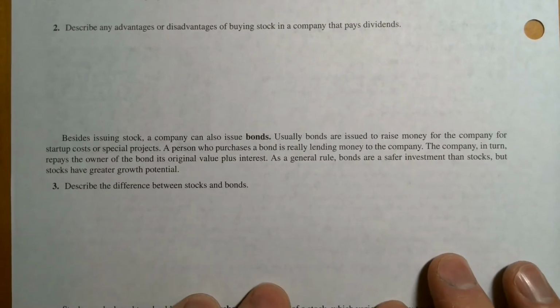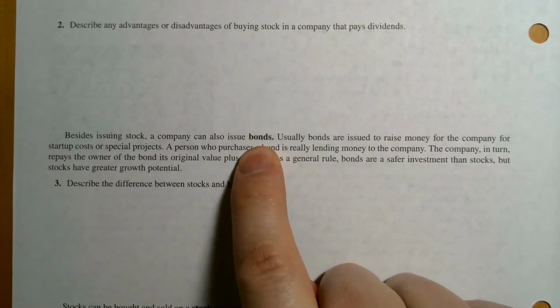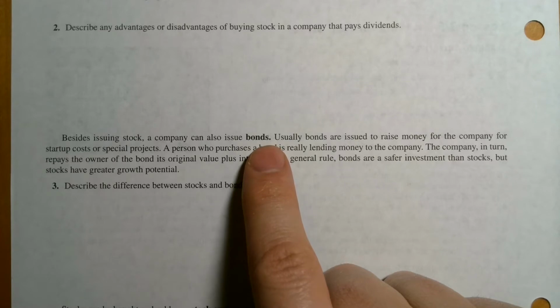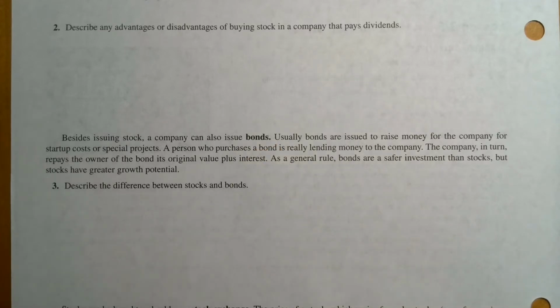So other ways you can issue bonds. This is where you don't actually own the company. You just are agreeing to receive a certain percentage rate of money over a certain period of investment. Like the U.S. government issues lots of bonds. They tend to be 30-year bonds, and you're going to earn, say, 3% interest on that bond over the 30 years.